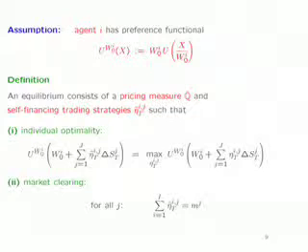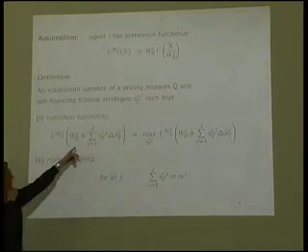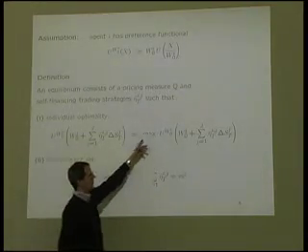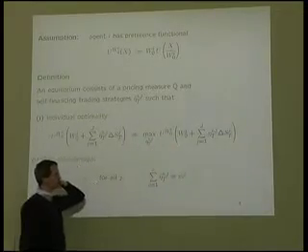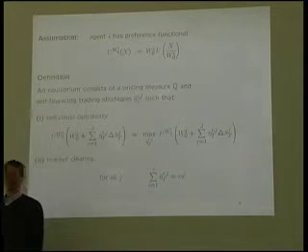And now an equilibrium would be a pricing measure Q hat and self-financing trading strategies for all the agents, so that every agent behaves optimally, meaning that if he trades according to this strategy, this will be the optimal way of trading for this agent, and the market should clear.